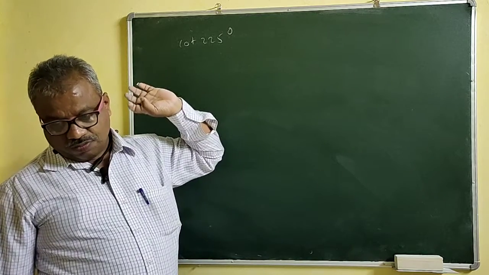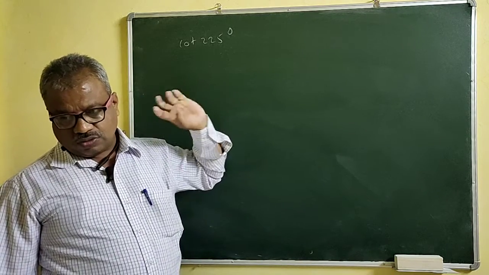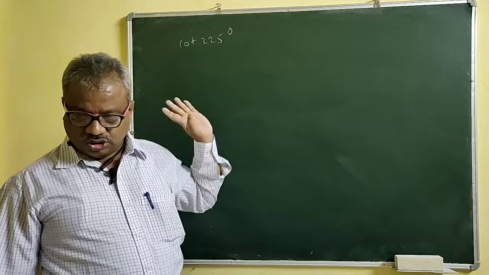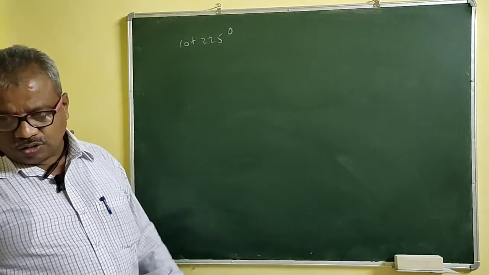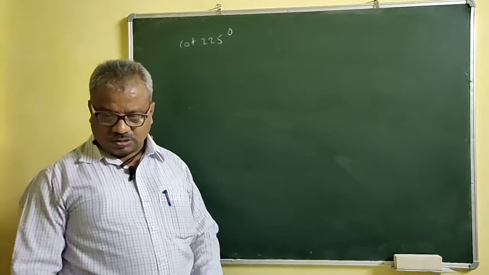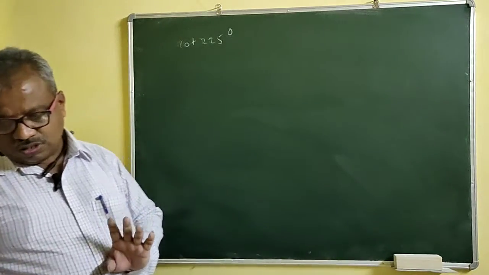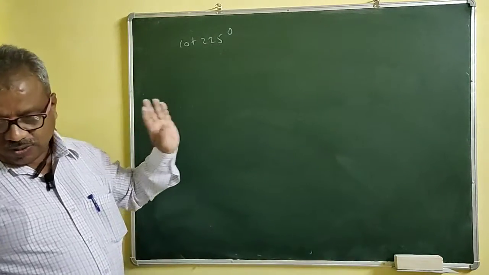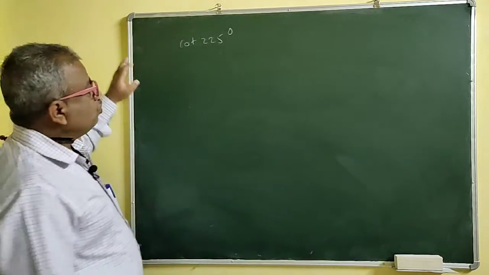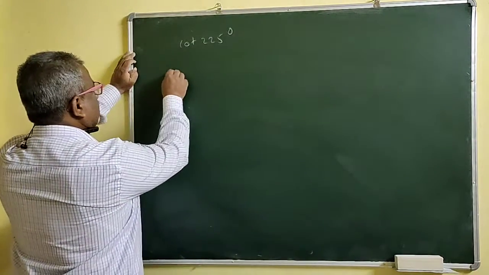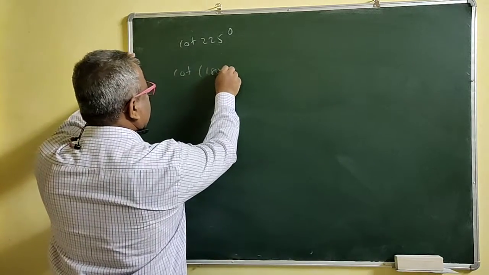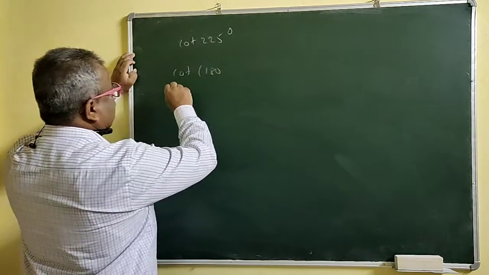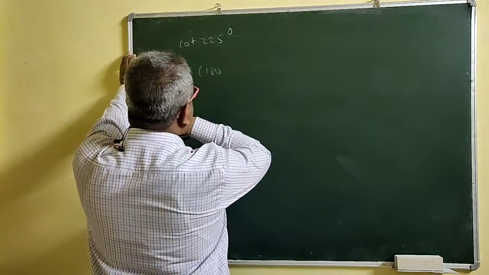Sin pi is 0, but cos pi is minus 1. So cot pi is 0 now. It exists because the denominator is not 0, right? Numerator is 0, no problem. If numerator is 0 but denominator is not 0, then cot pi, 180 degrees, exists. So we may express this in terms of 180 degree also.